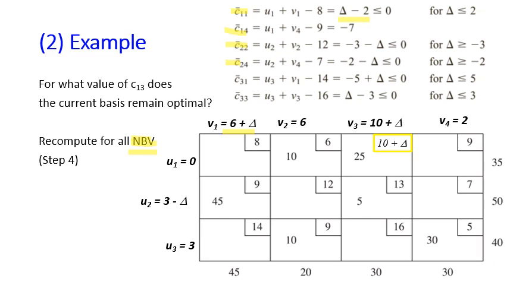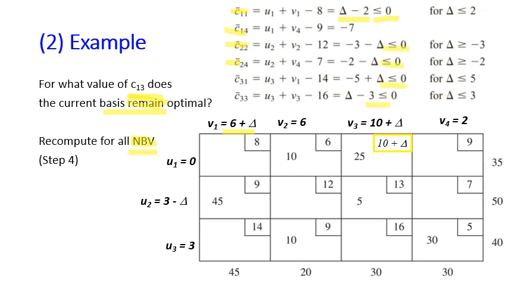And then because the question is for what value of C13 does the current basis remain optimal, it means that if we want this solution to remain optimal, we need to make sure that the c hat for all non-basic variables are less than or equal to 0.